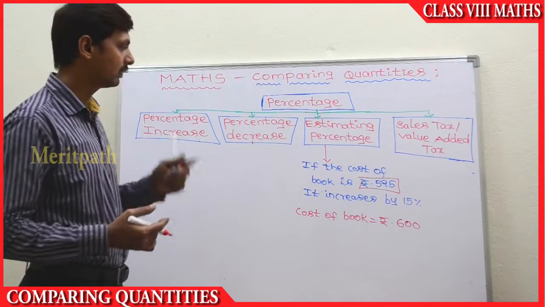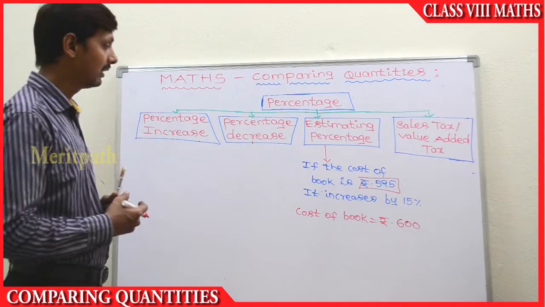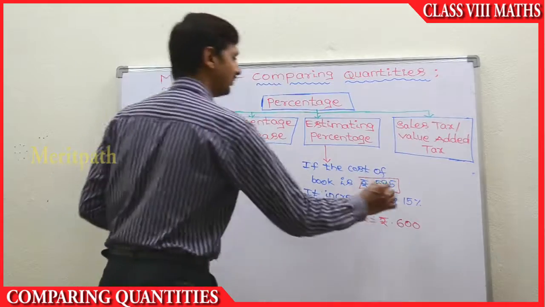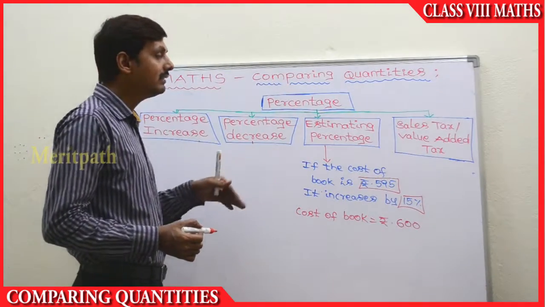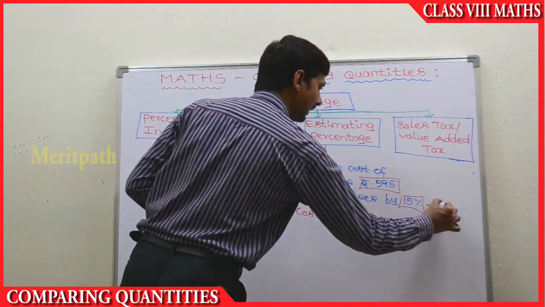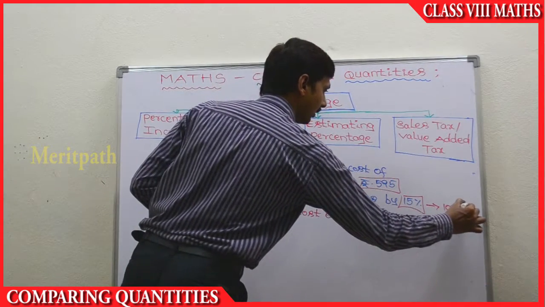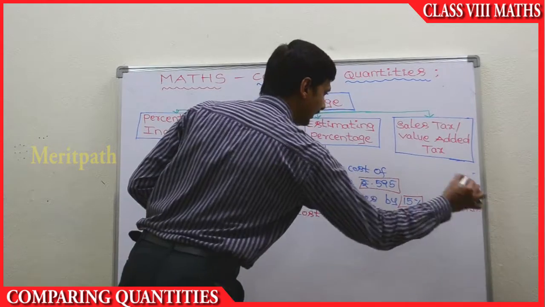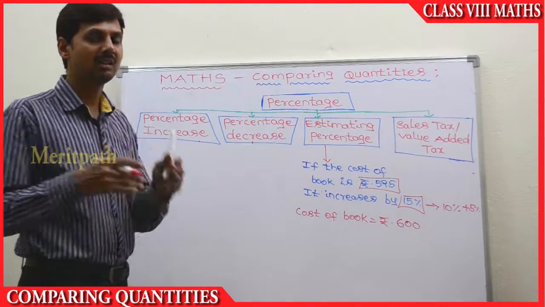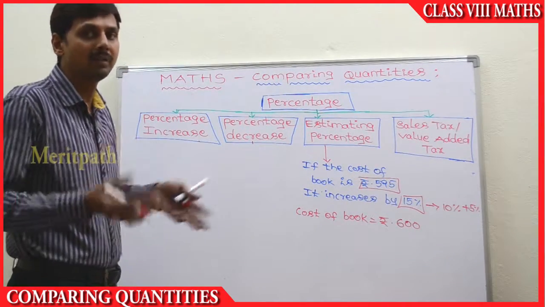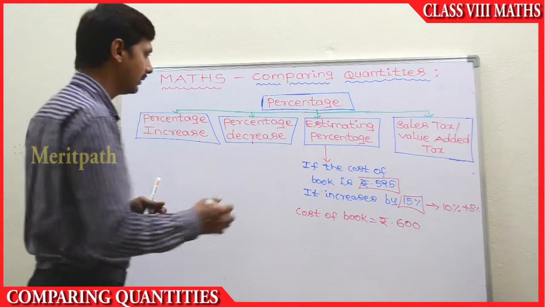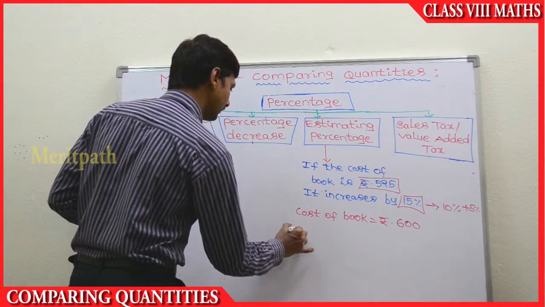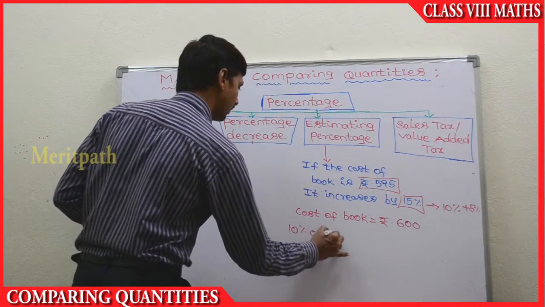To calculate easily, let's take 15% as 10% and 5% separately. We calculate 10%, and half of it gives the 5%. So first, 10% of 600.